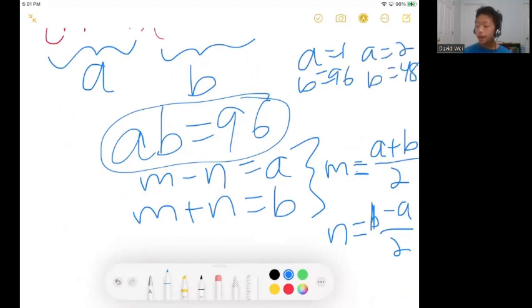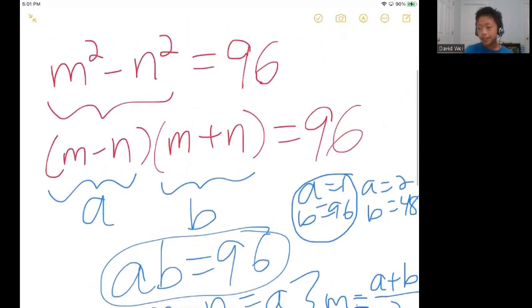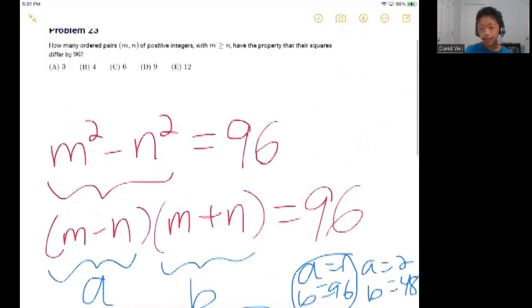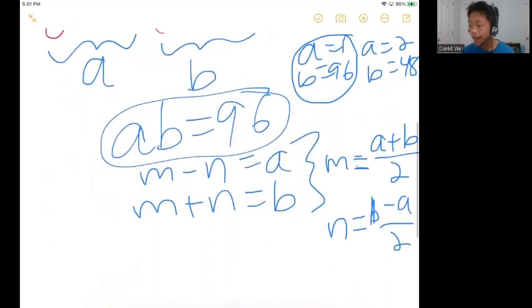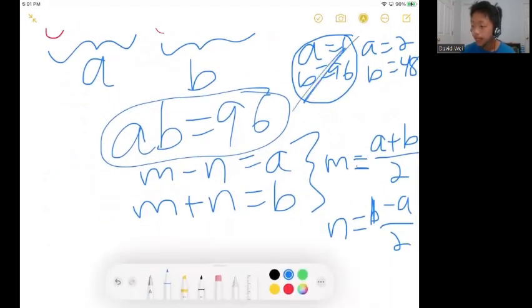But it turns out we can't exactly do that. For example, if a equals 1 and b equals 96, then by this formula m would be a plus b over 2, so m would be 97 over 2. That's not an integer, which is bad, because the original question said m and n had to be positive integers. So we can't have a is 1, b is 96.